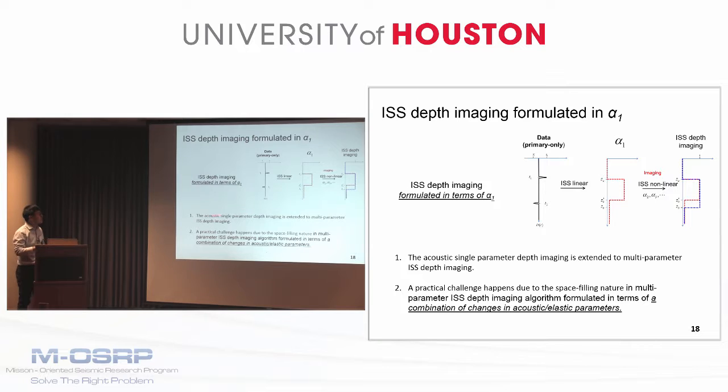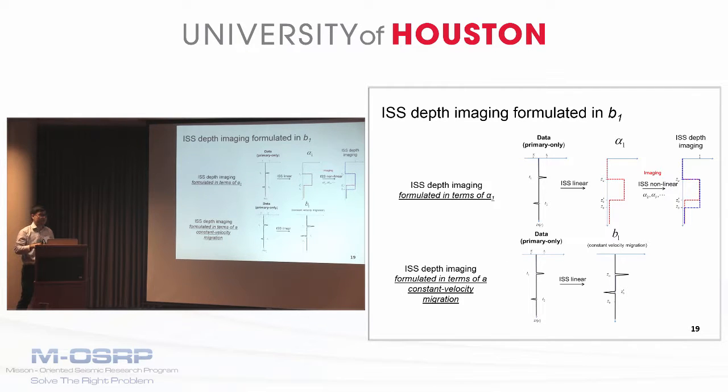And this acoustic single parameter depth imaging is extended to multi-parameter depth imaging. And in this extension, a practical challenge occurs, as we mentioned in both Professor Weglein's introduction and in the beginning of this talk. To avoid this challenge, Professor Weglein proposed to reformulate the ISS depth imaging in terms of constant velocity migration results.